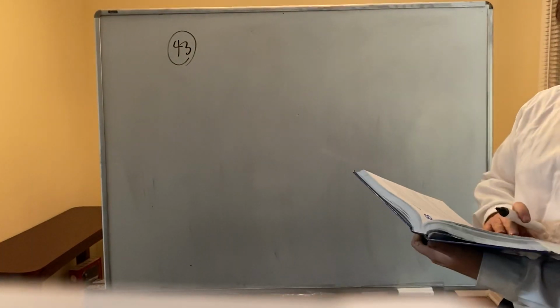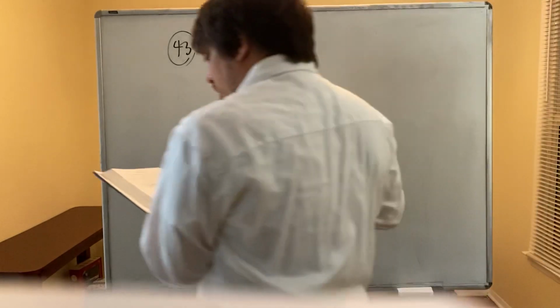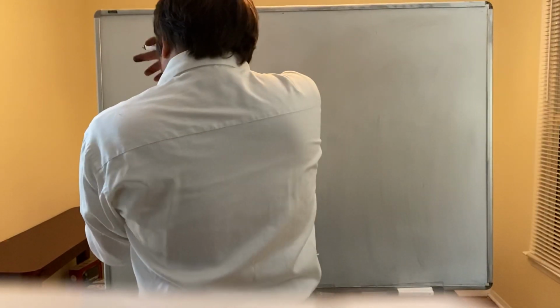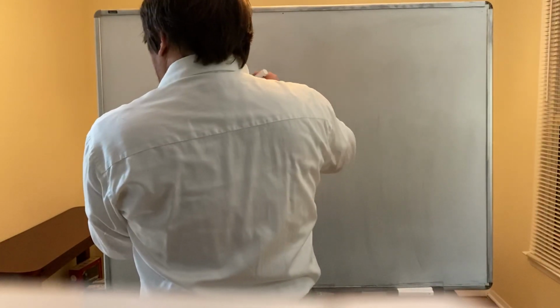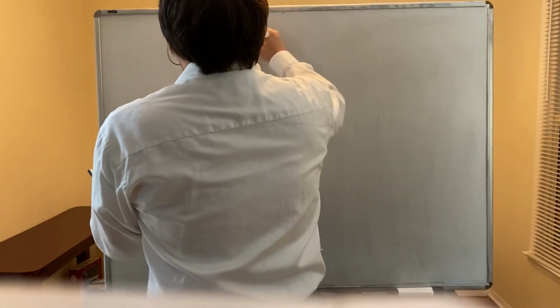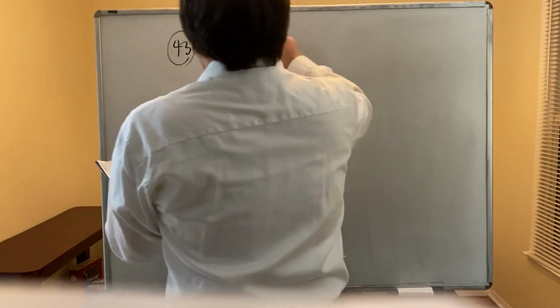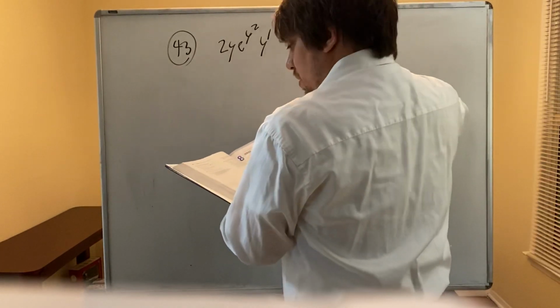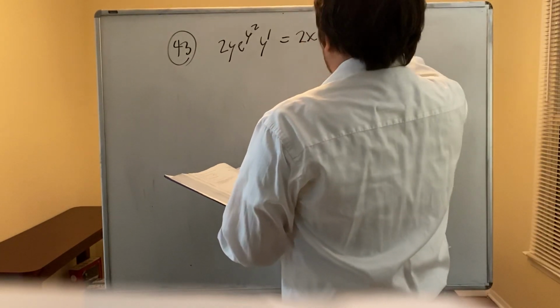Okay, so 43 on page 430. Same review problems, okay? Solve the differential equation. So you have 2y e to the y squared y prime is equal to 2x plus 3 root x.